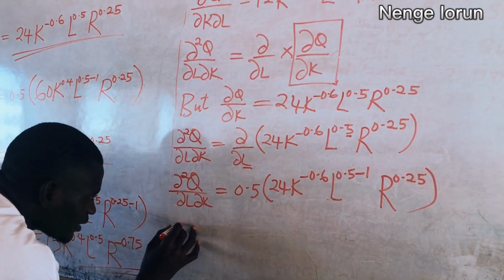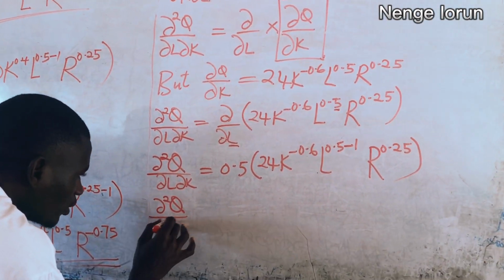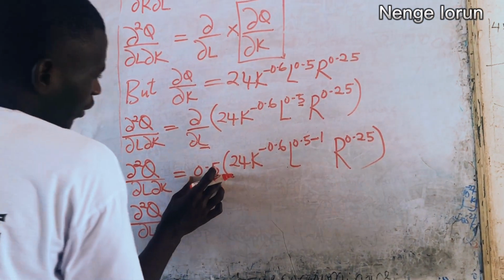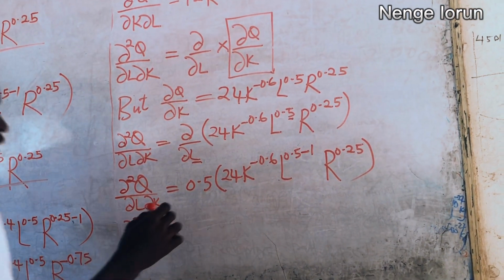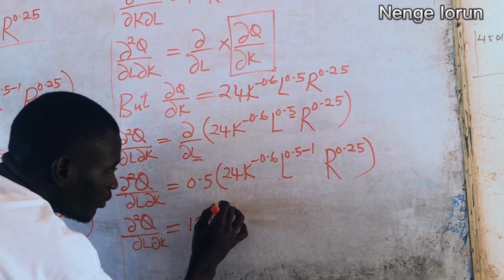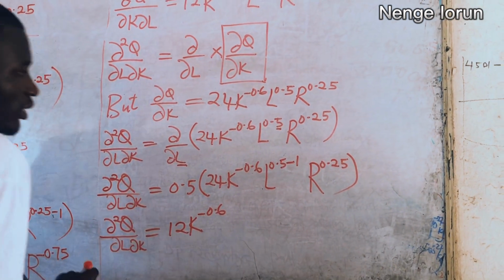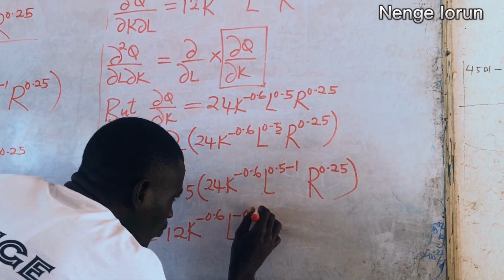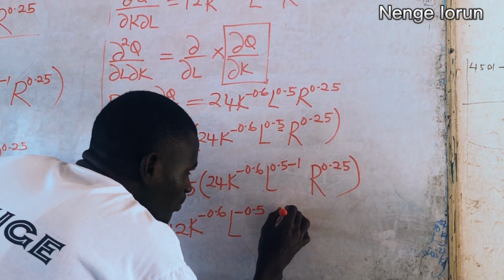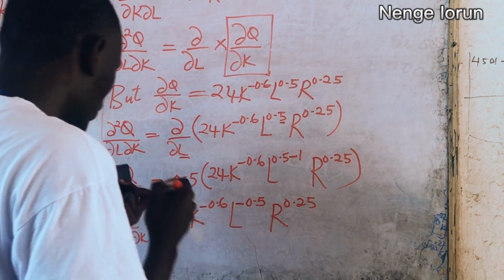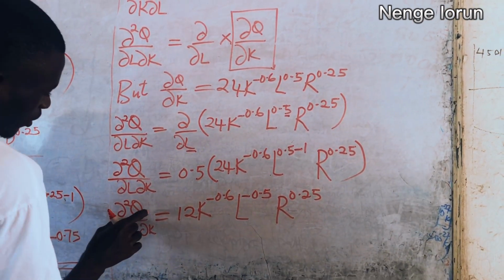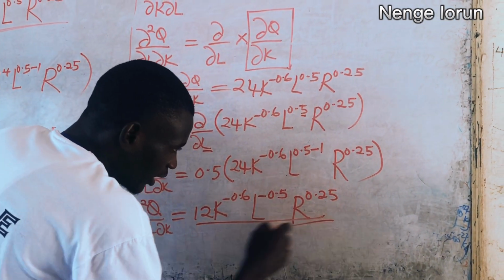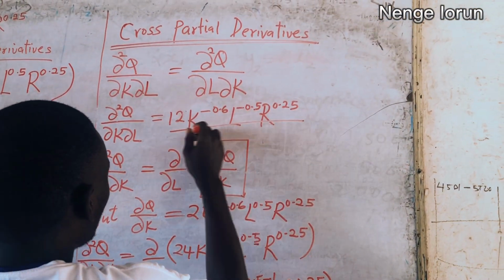So you will have the second order cross-partial derivative of q with respect to L with respect to k will be equal to 0.5 times 24, that is the half of 24, which is 12k raised to the power of minus 0.6. Then L raised to the power of 0.5 minus 1 is minus 0.5, and R raised to the power of 0.25. So now you will discover that the second order cross-partial derivative of L with respect to k, this thing here is equal to this one.